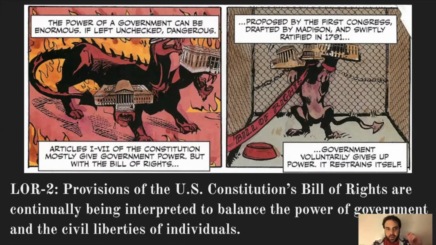So they made their support of ratification contingent on the passage immediately thereafter of this Bill of Rights, and it was passed almost immediately after ratification.